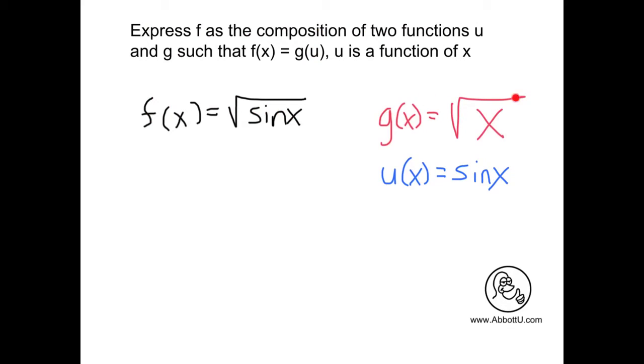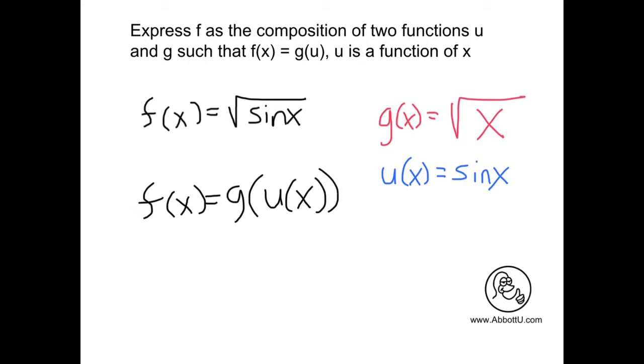Now I'm not sure exactly what your teacher's going to want. It's possible that this might even be sufficient, where you're clearly demonstrating that you can see that f of x is composed of two separate functions. But your teacher might want you to go further and rewrite it like f of x equals g of u of x, like that.